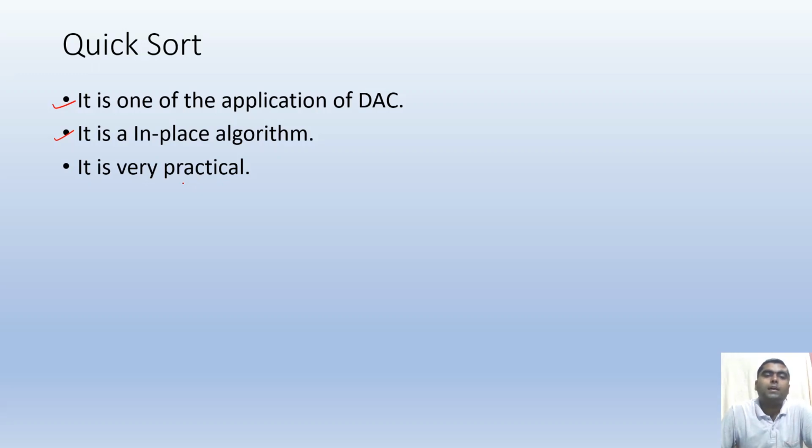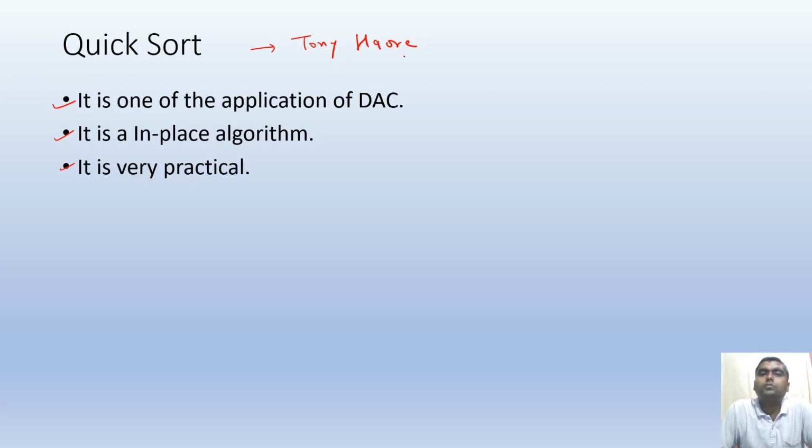Okay, and about stable and not stable, I will explain at the time of the algorithm explanation. And it is very practical, so it is used in practical situations. One more important thing is that quicksort was given by Tony Hoare.